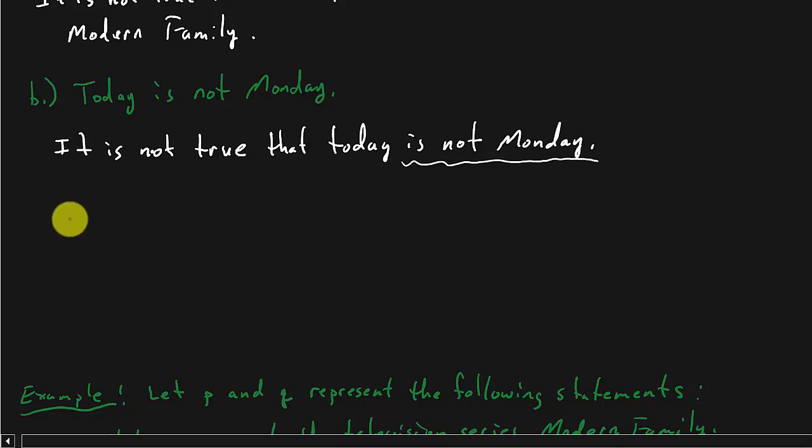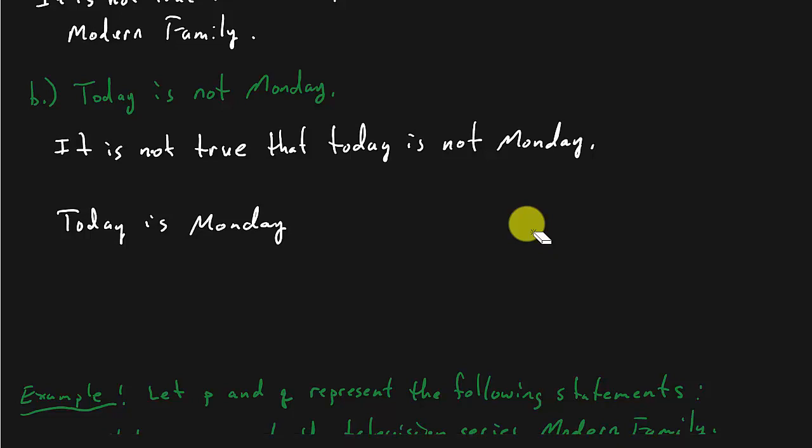Well, maybe, today is Monday. See that? All right, so there you have some options. Just remember, when you're writing the negation, it's got to mean the opposite of the statement. That would be the negation.